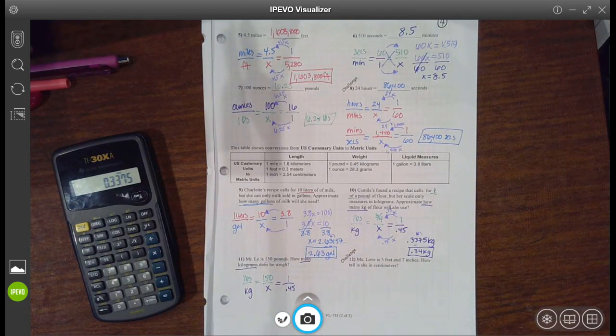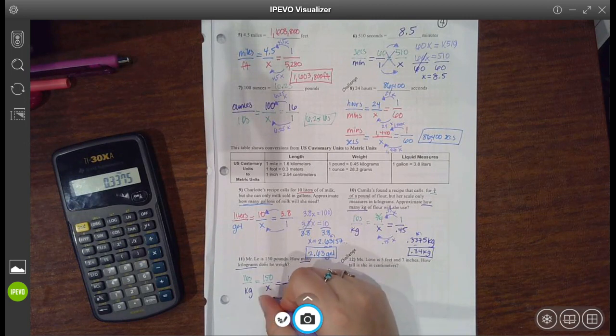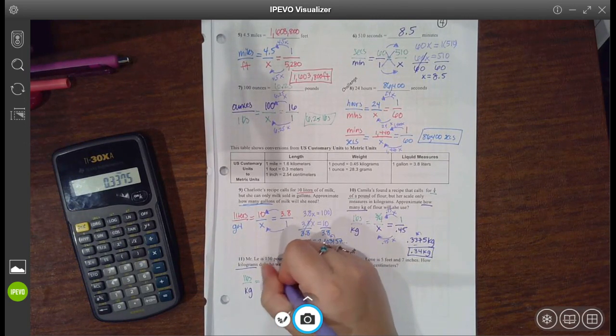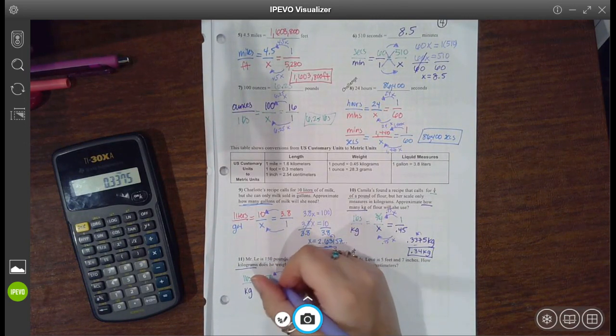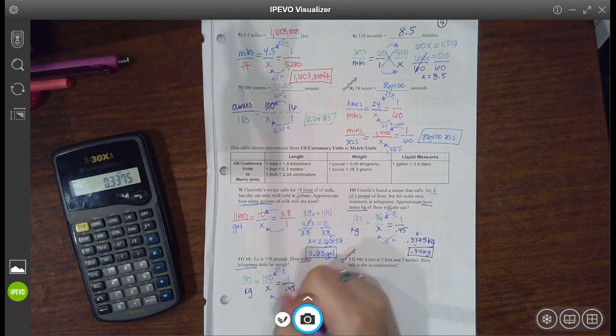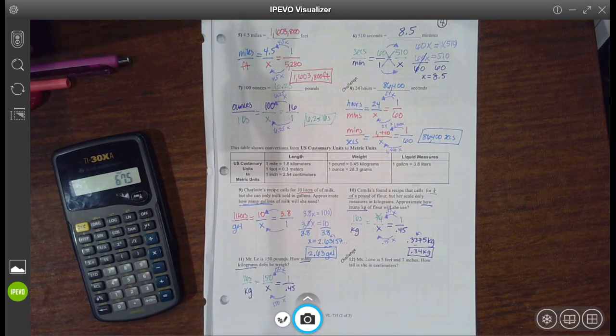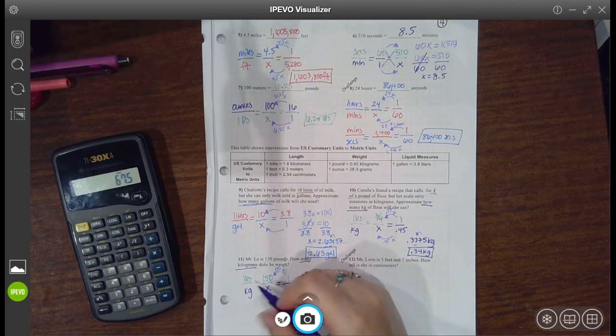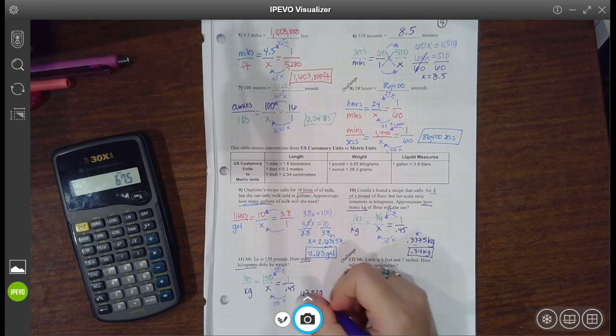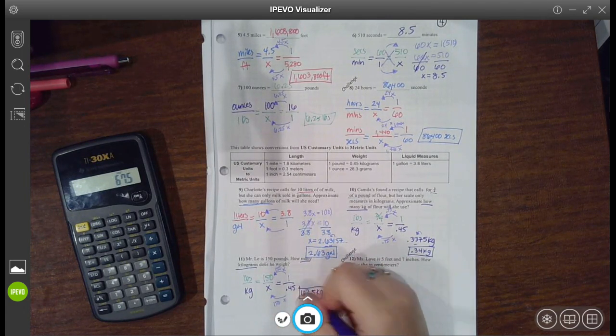So if you go towards the unknown, 1 times what is 150? 150. So do 0.45 times 150, and you get 67.5. So 67.5 what? Well, we were solving for kilograms. Sounds a lot better in kilograms than pounds, huh?